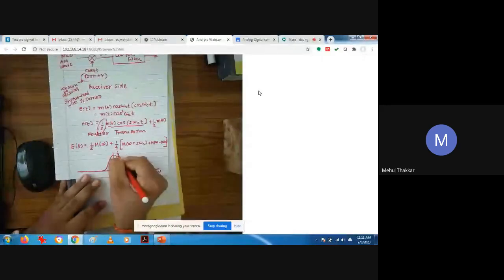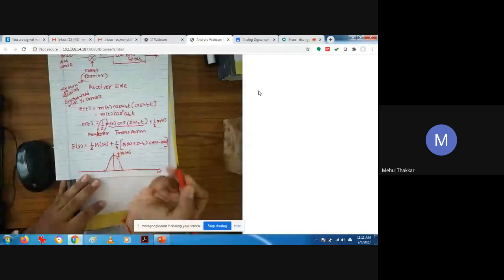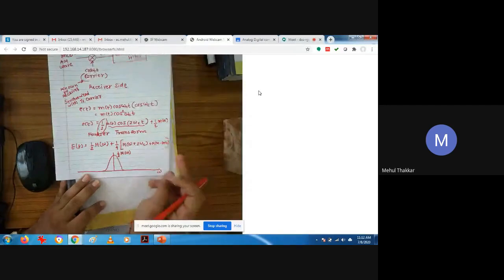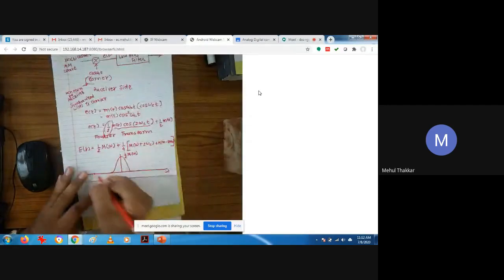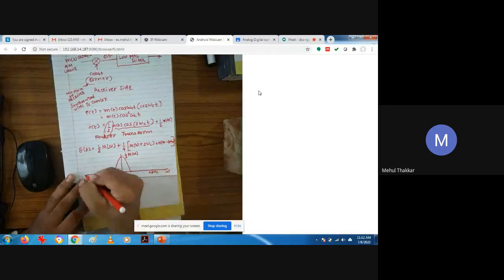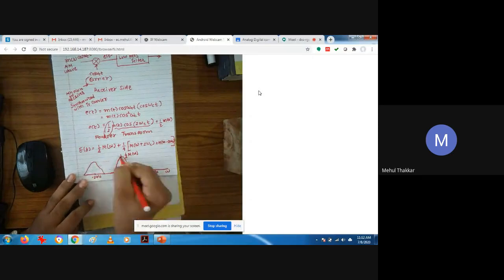The other terms are 1 by 4 m of omega plus 2 omega c and m of omega minus 2 omega c. That means one is centered at minus 2 omega c, and the other is centered at plus 2 omega c, but the amplitude will be 1 by 4. So the amplitude will be half of this. I have not drawn it exactly, but it will be 1 by 4.